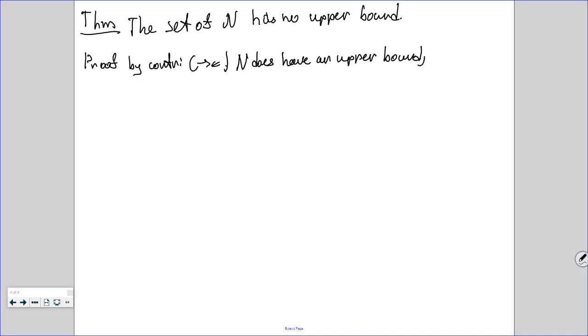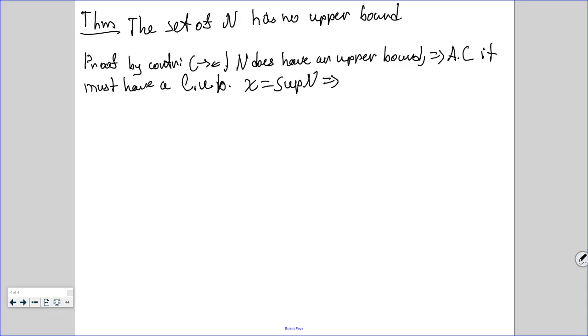If it has an upper bound, then from the axiom of completeness it must have a least upper bound. Let's denote the least upper bound as x.